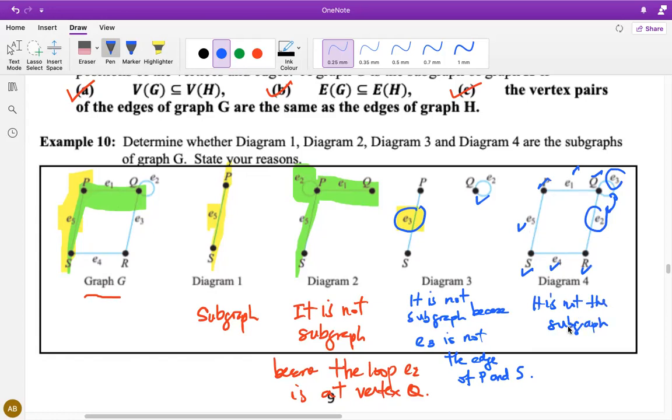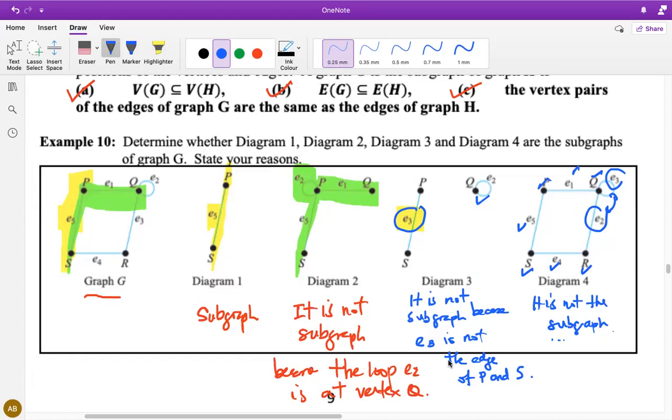Why? I think you can give the reason. This is a textbook example, so you can go to the textbook and read further what is the reason given there. It's on page 139.